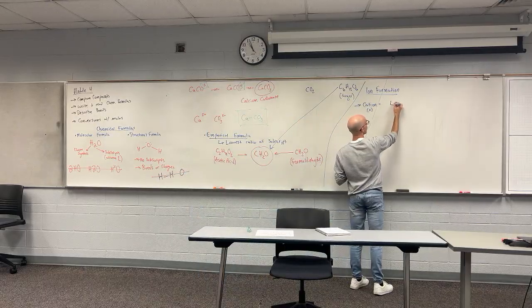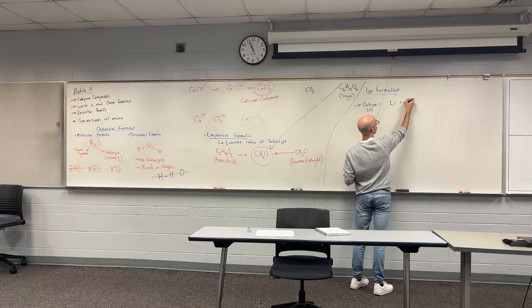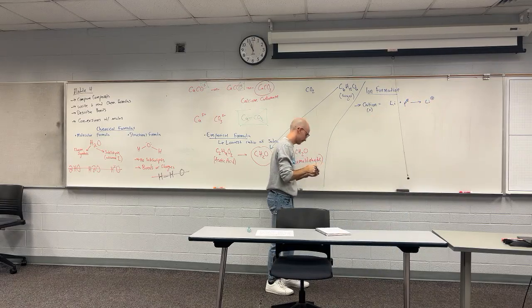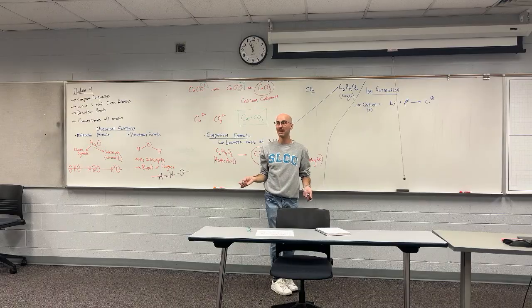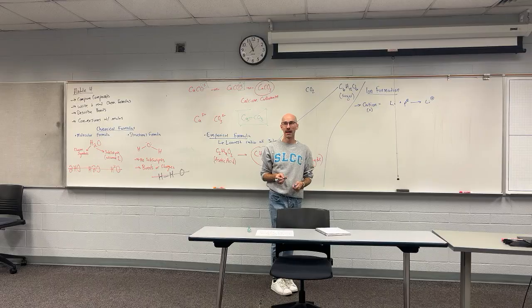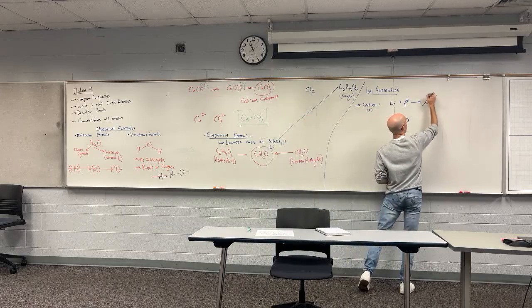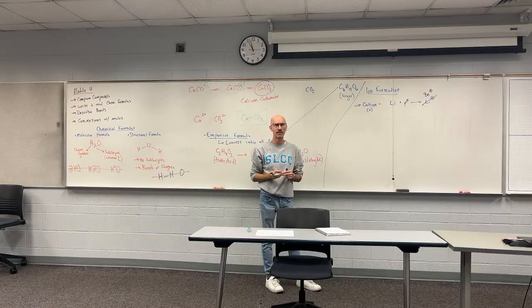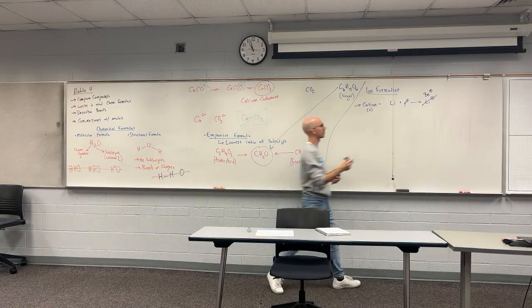To clarify, I cannot do this. Why? Because that would not be lithium anymore. I'm not adding a positive charge to make lithium plus, because that would have made beryllium plus. I'd be changing my element entirely. Not a good way to do it.